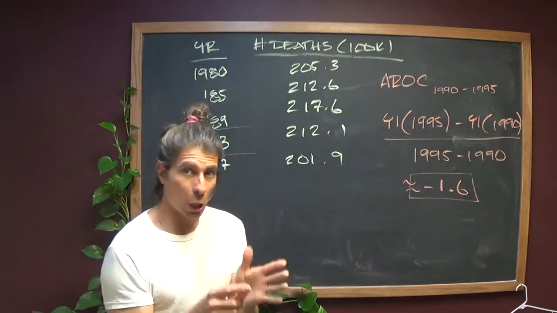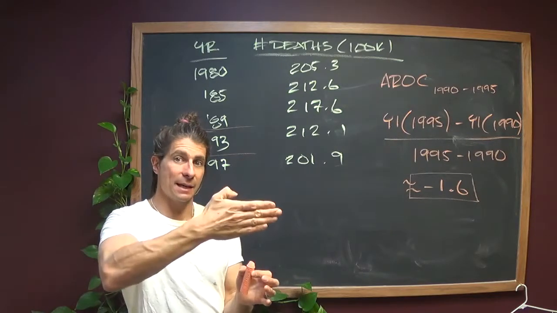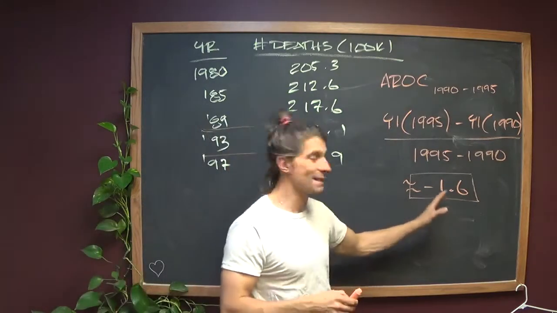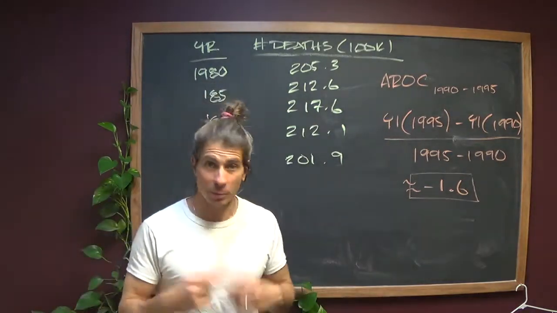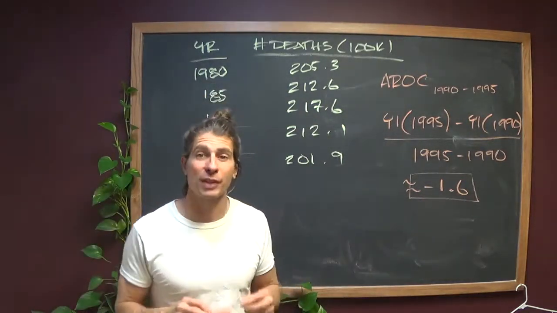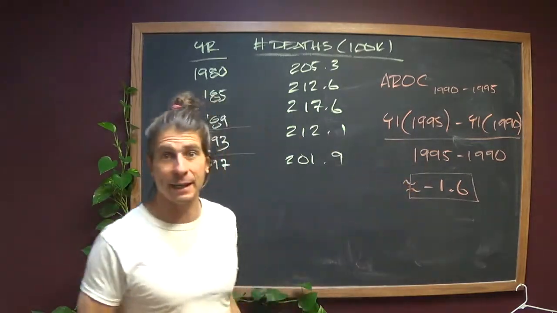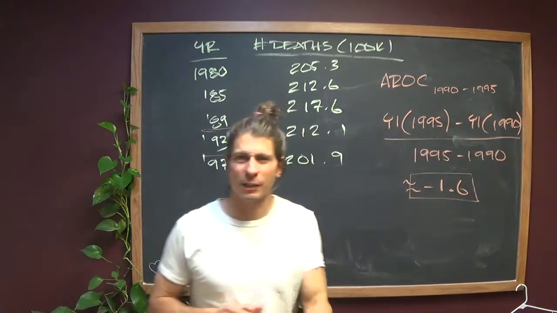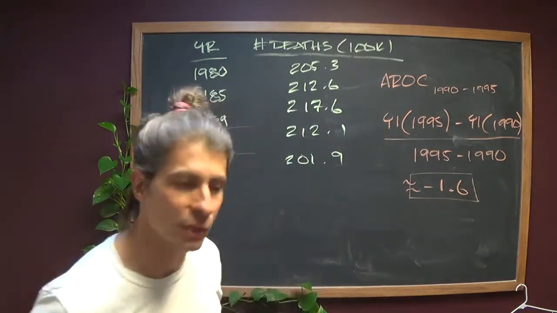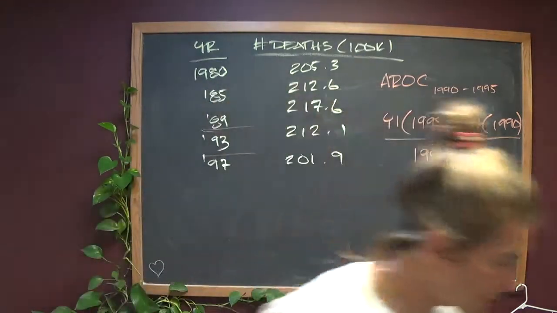So in each of those years, on average, from 1990 to 1995, we lost about 1.6 men per 100,000 less due to cancer, which means cancer numbers were falling from 1990 to 1995. 1.6 guys less per 100,000 per year. That's what using the per twice was talking about. Fair enough?